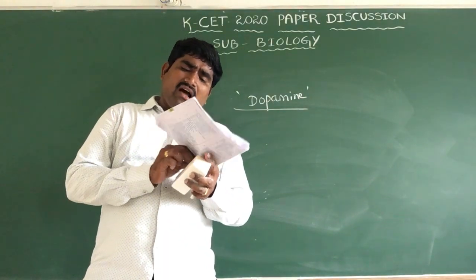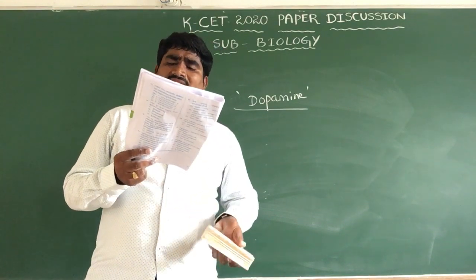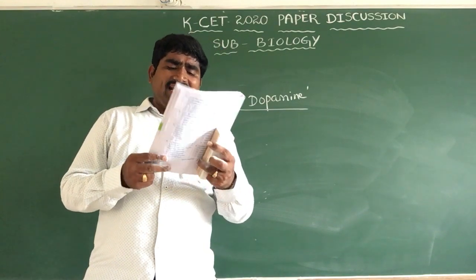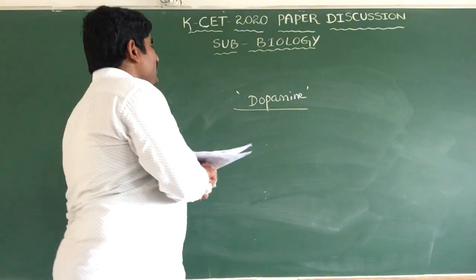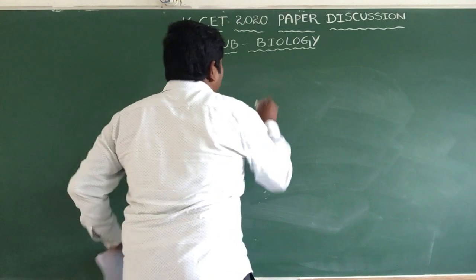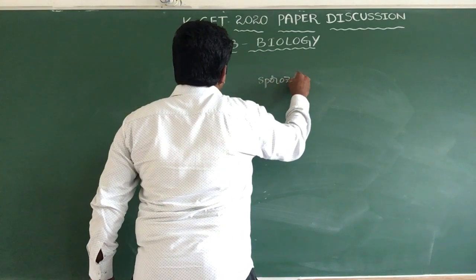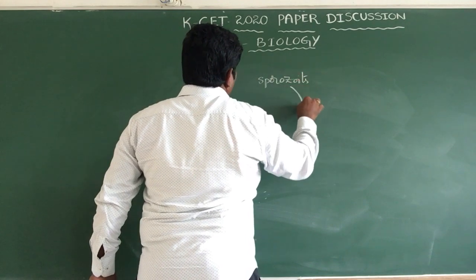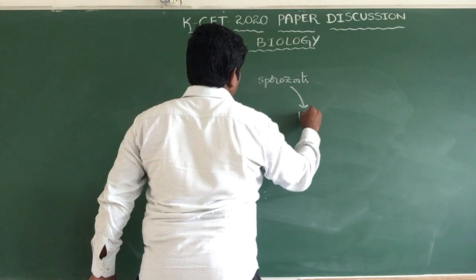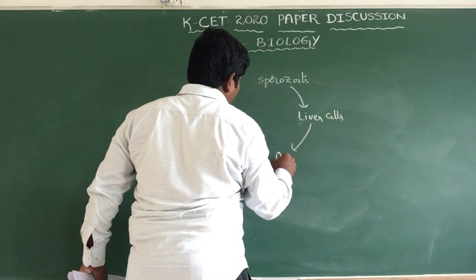In the life cycle of Plasmodium, where does fertilization take place? Plasmodium enters human beings in the form of sporozoites. Sporozoites enter the liver cells, then go to RBCs.